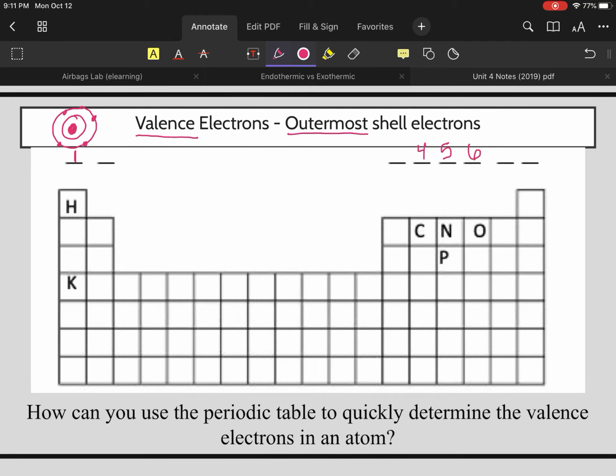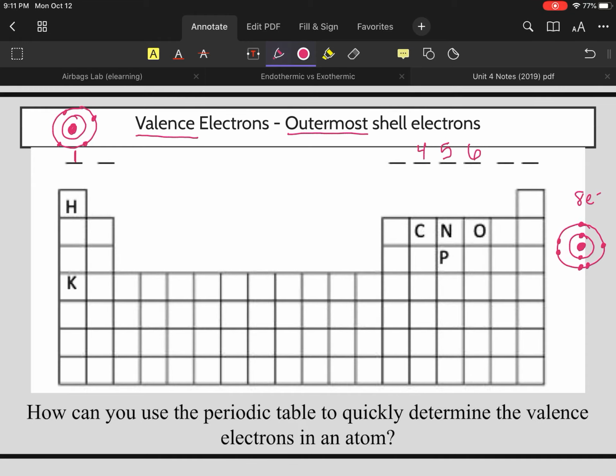Okay, for example, where I'm getting these numbers, I'll just show you one. Let me draw the Bohr model for oxygen. Oxygen has 8 total electrons because it has an atomic number of 8. So I know it has 8 electrons and 8 protons. My first energy level can only hold 2 electrons. So if I need 8 total, that means my remaining 6 are going to have to go on this next energy level.